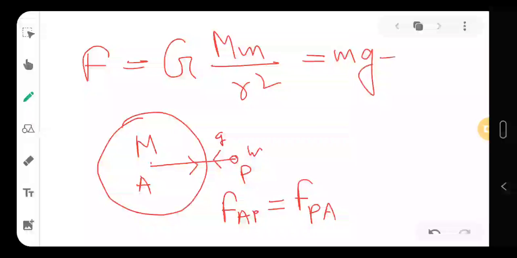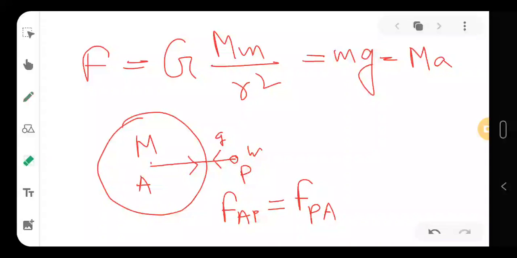For the big mass M, that is the earth, we have to write big M and the acceleration of earth. Now, why does earth have acceleration? Because it may be negligible, but still earth will also try to come towards this small mass m.